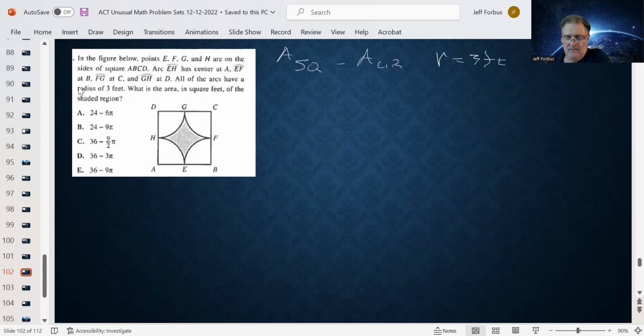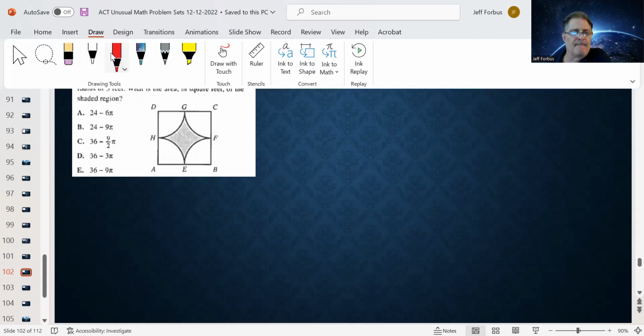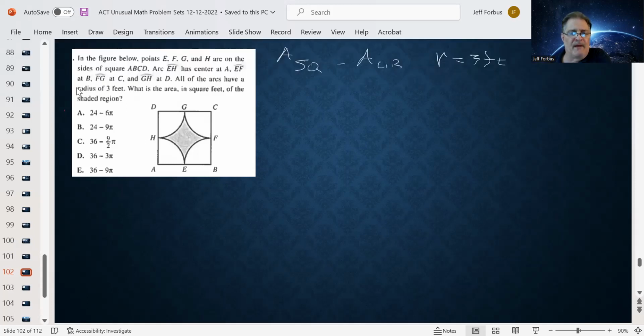Now, that means, let me get my red pen. That means C to F is 3 and 3. And then D to G is 3 and then 3.